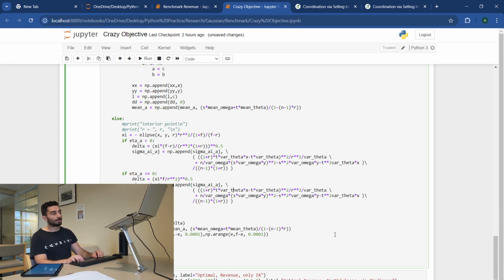This time we will have minus s bar omega and minus t squared there. What we don't have is this sigma omega term, and this term also changes to var theta. Okay, let me just look at this. By the way, this one changes to n minus 1 r minus 1.